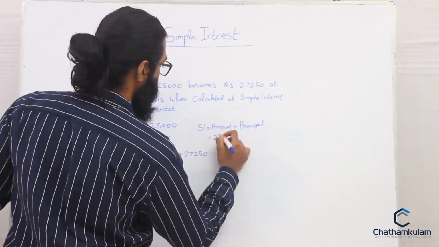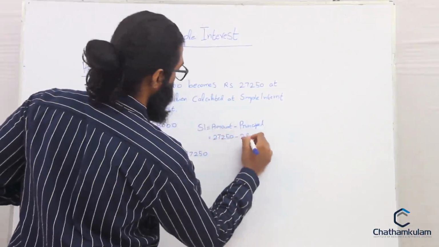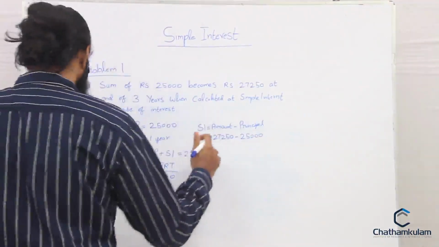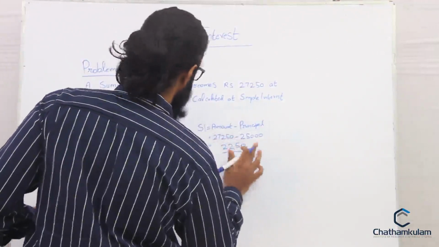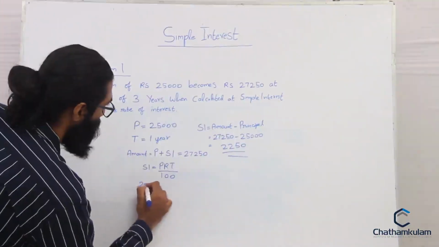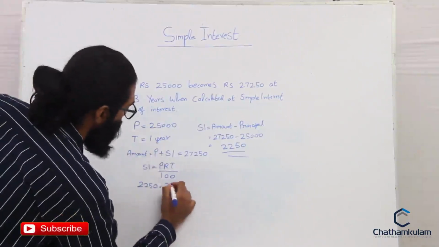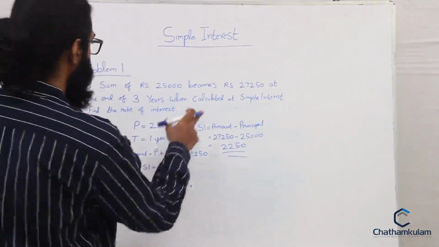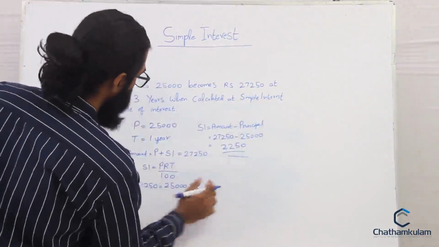It's 27,250 minus 25,000, which equals 2,250. So this is the simple interest. So we got the simple interest as 2,250, and we have the principal amount as 25,000, and R, the rate of interest we have to calculate, we write as R itself.